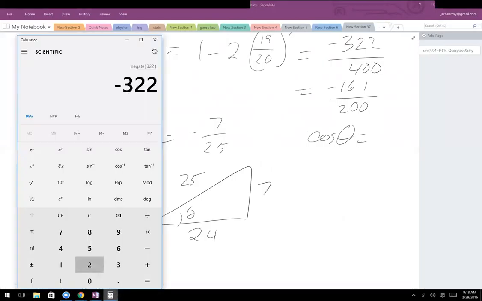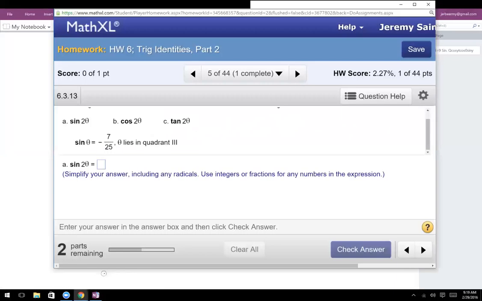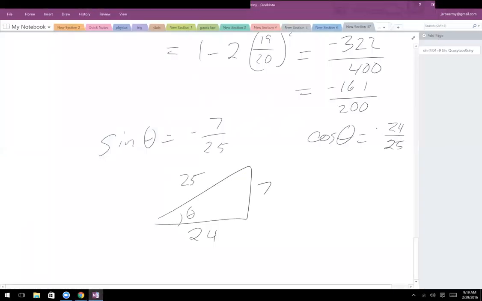Let's double check. 25 squared minus 49 equals square root 24. So it's 24 over 25. And we're in quadrant 3, so it is negative.